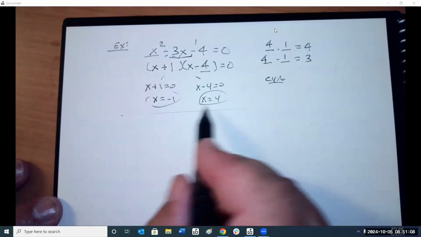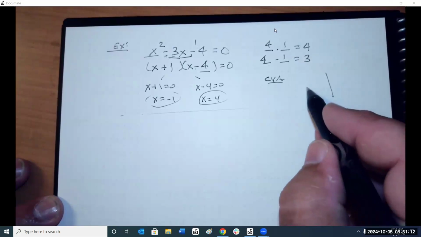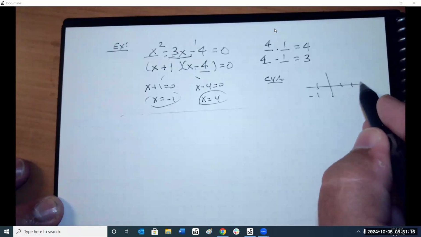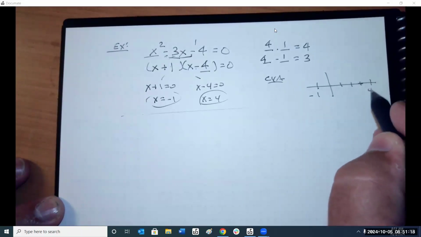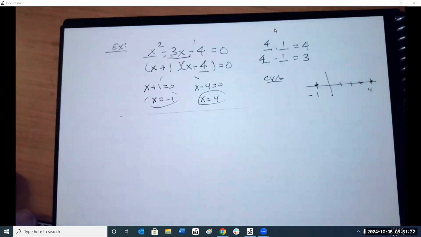Now, what do these represent? Those are where the graph is going to cross the x-axis.